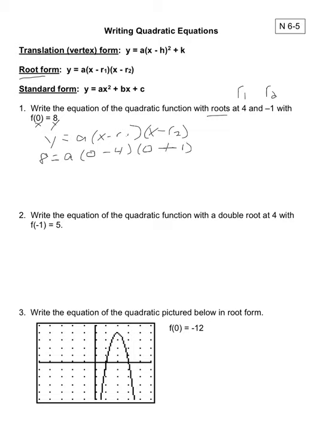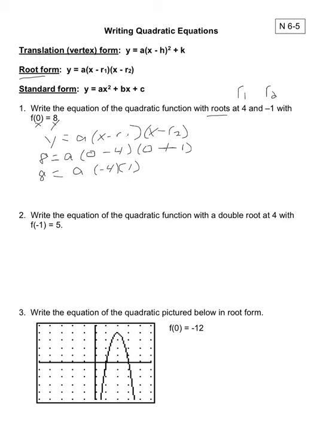Okay, now we clean it up. I've got 8 equals a, this set of parentheses, the first set, 0 minus 4 is a negative 4. The second set is 0 plus 1, which is 1. Now we always know that parentheses mean multiply, so negative 4 times 1 is negative 4.